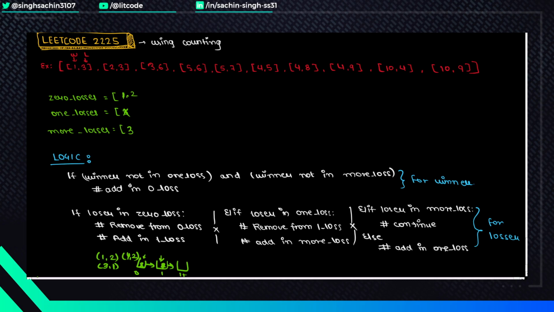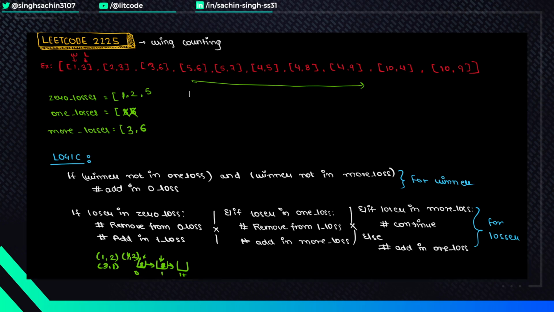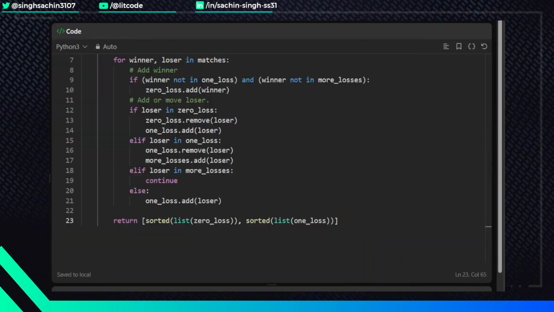We have 6, which is the first time he has lost a match. Now comes 5 comma 6. 5 will be added in 0 losses, and we will remove 6 from one loss and add him into the more loss bucket. So this is the flow which we're going to follow, and we'll process each of the pairs we have received. Let's check out the solution.